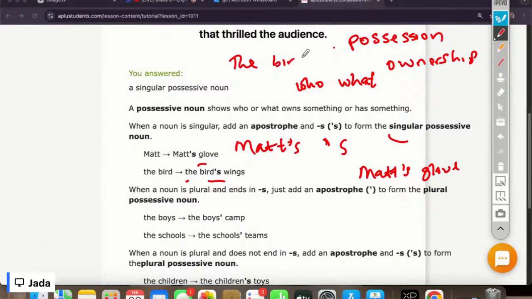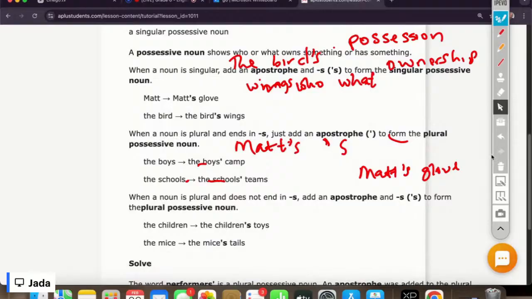The bird, because it's singular, the bird's wings. Alright, that's what we have for the singular possessive. So moving over to the plural possessive.